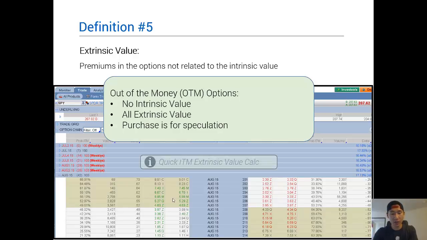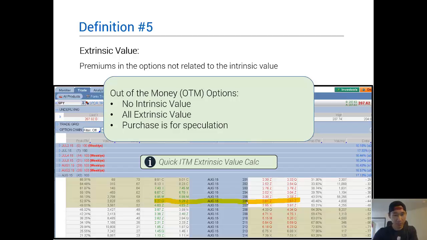Also, a quick cool calculation of extrinsic value for an in the money option is looking at the put equivalent, or the opposite equivalent. For example, on the 206, remember we calculated the extrinsic value to be about 3.66.